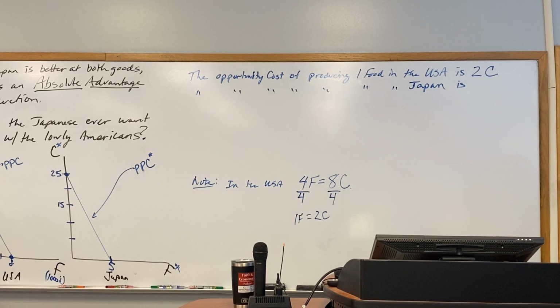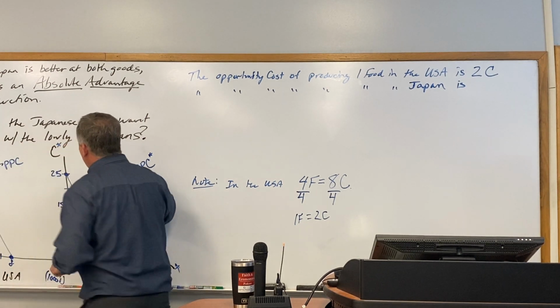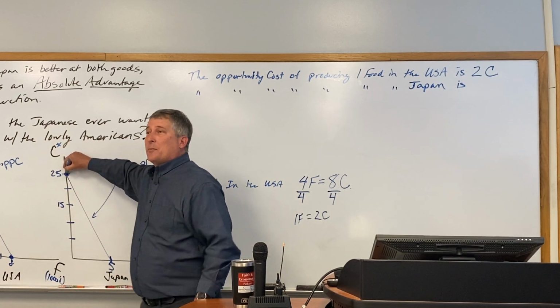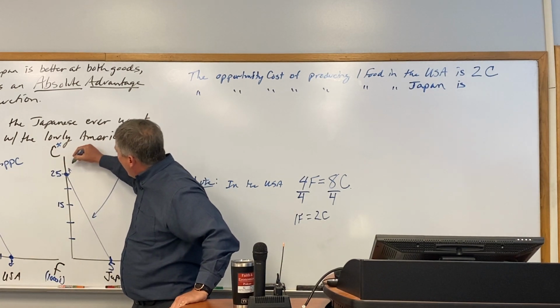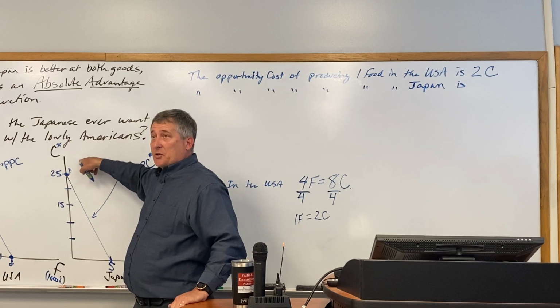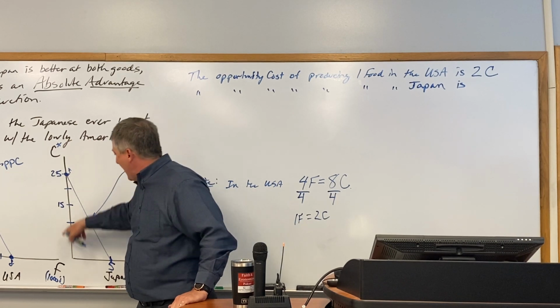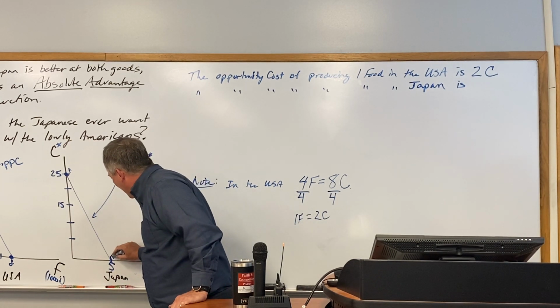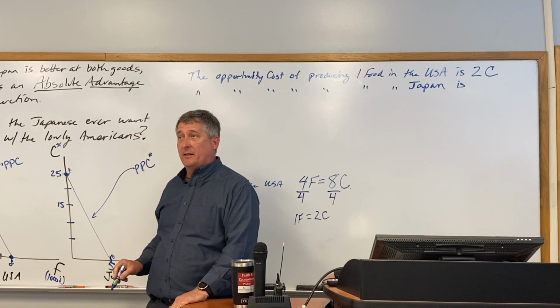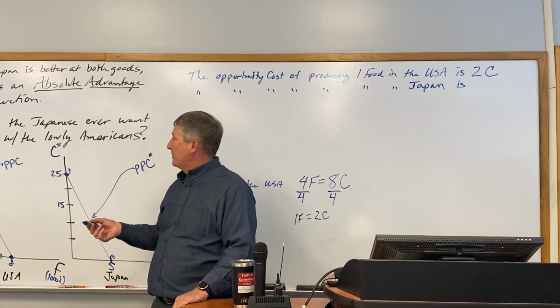So once we start to get the trick here, now you can use this, or let me try it with you graphically this time. Everybody agree that this is a production point? A, let's just call it A. And this country could move from A to B. B is another production point. Yes? So those are both production possibilities.